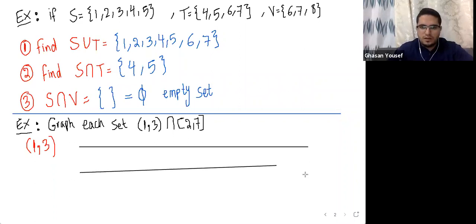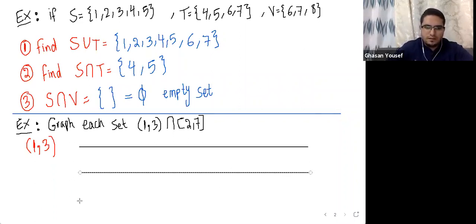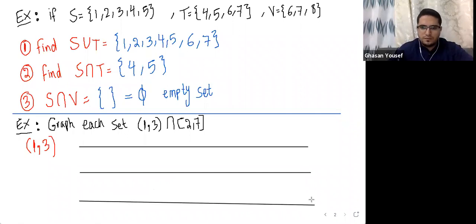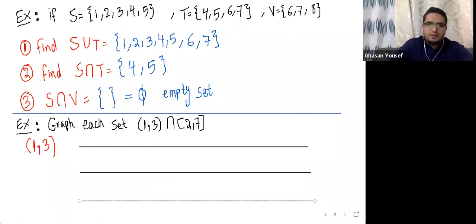I'm going to need another graph for the second one and a final graph here for the answer. So the graph for the first interval from 1 to 3, open interval, looks like this: at 1 it is open, here is the 1. At 3, it's here. This is the 3, open. And there is a line between 1 and 3.